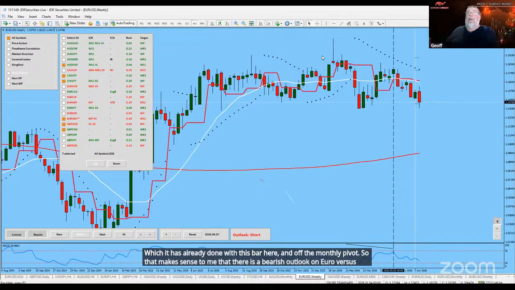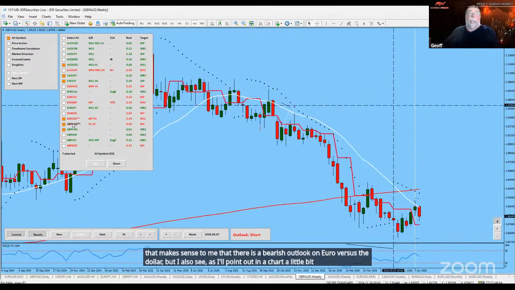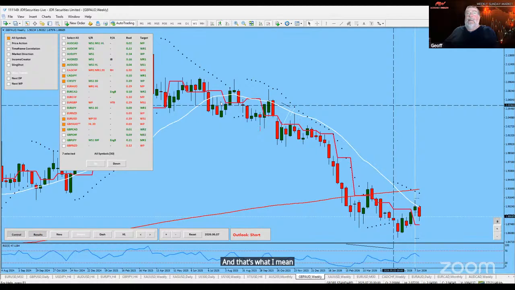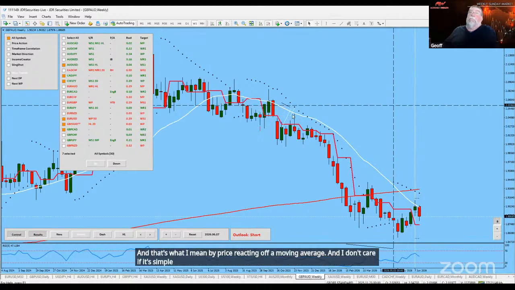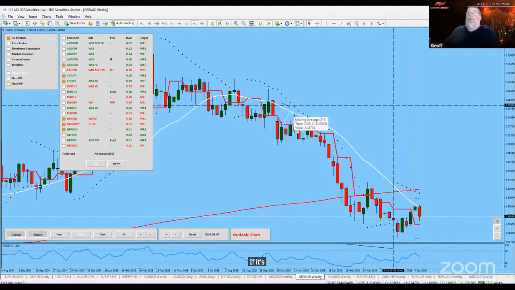But I also see, as I'll point out in a chart a little bit later, that there is a nice reversal pattern sitting there as well. And that's what I mean by price reacting off a moving average. I don't care if it's a simple moving average, if price is bouncing off it, then happy days.